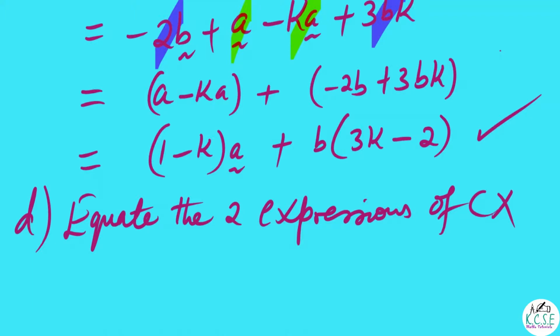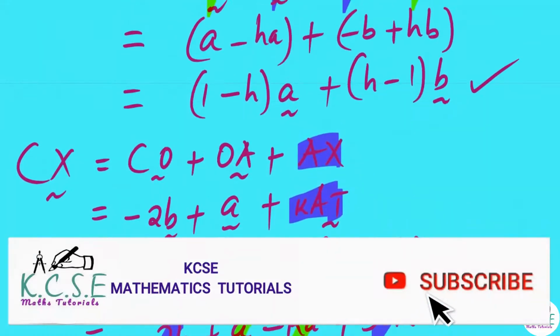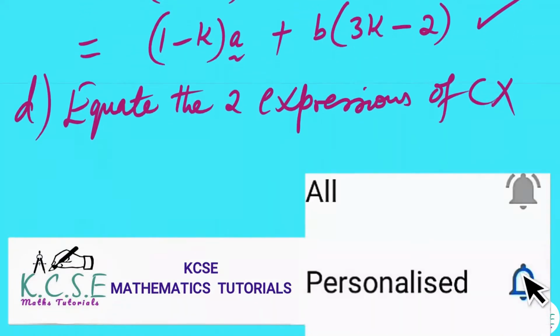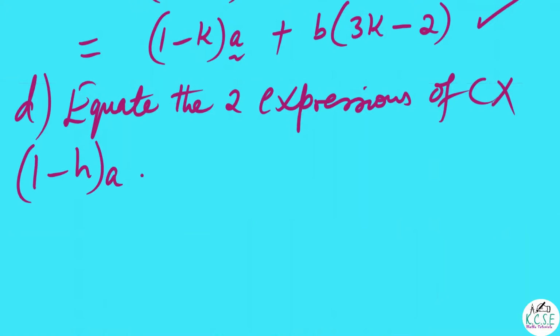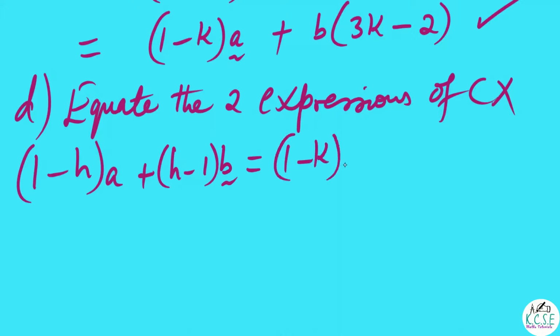So we have the first expression, 1 minus H A plus H minus 1 B is equals to the second expression, 1 minus K A plus B, 3K minus 2.